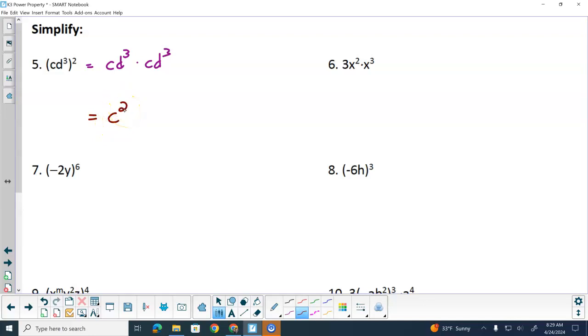How many D's do we have? 6 of them, right? So D to the 6th power. Again, if you need to write it out, we can write it out.